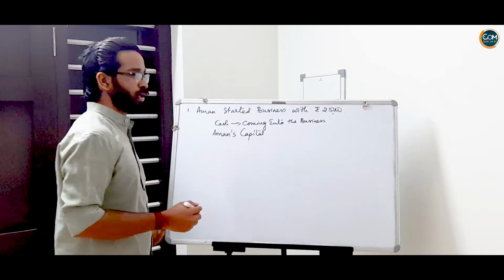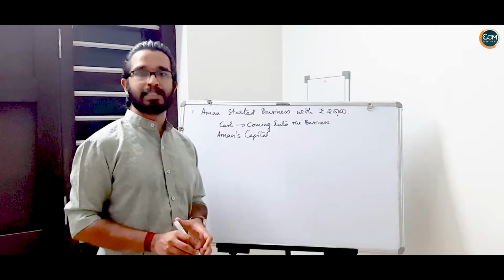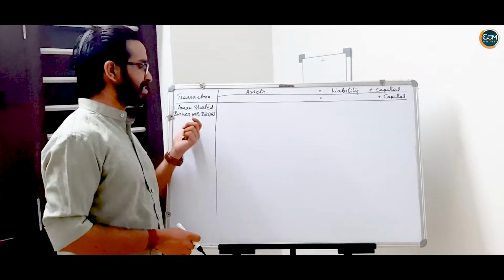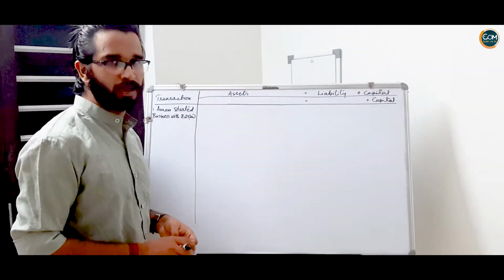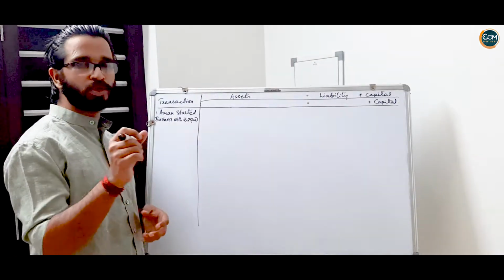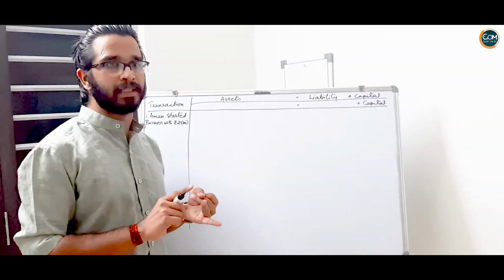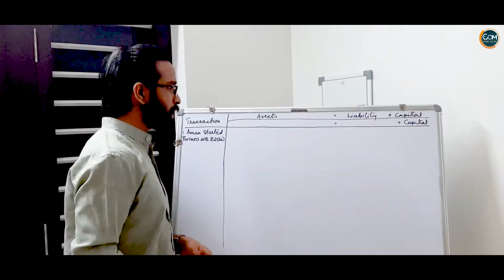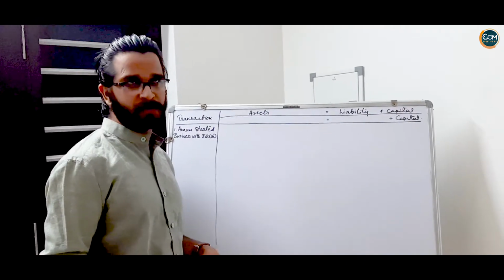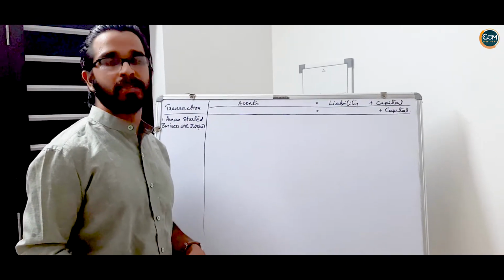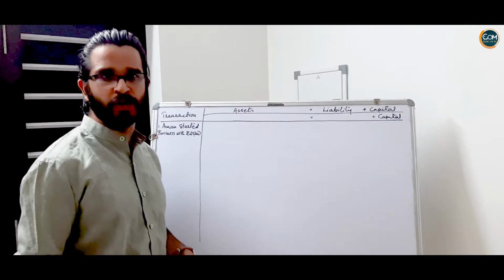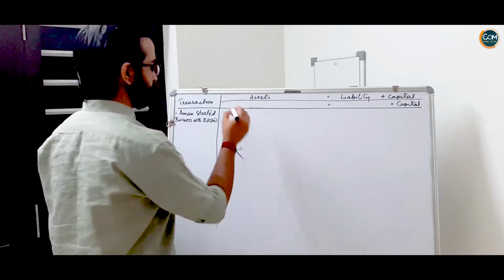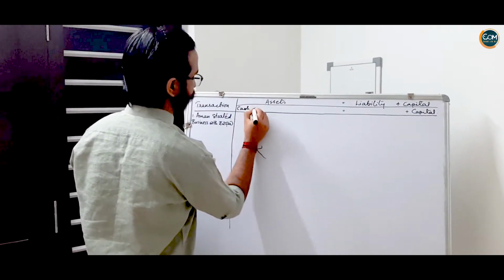Let us look into this concept with the help of a table. The first transaction that we recorded was Aman started business with rupees 25,000. As I said, there will be two items, one is cash and the other one is capital. Cash is an asset. As the definition of assets itself says, assets mean cash and any other valuables owned by the company. Cash comes under the head assets. So we will show it here.